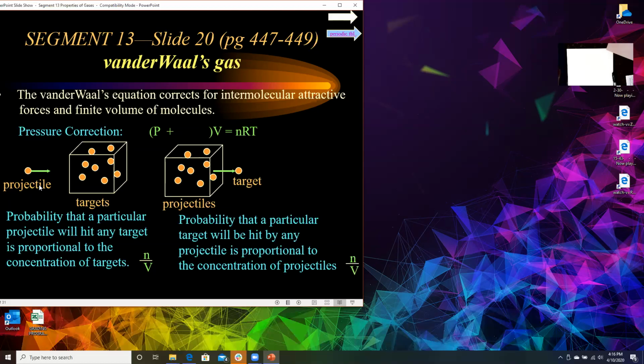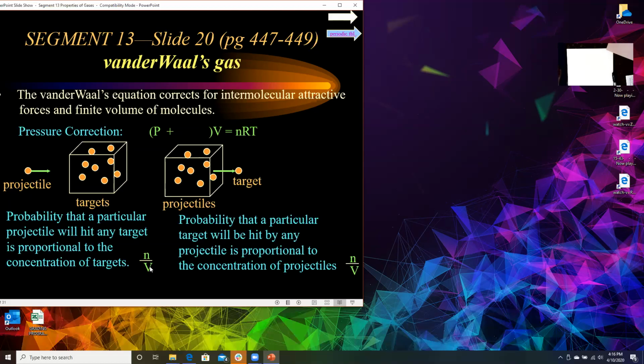So the probability of a projectile hitting one of many targets and the probability of a number of projectiles hitting one particular target are each N over V. So both of these things have to occur for a collision to take place.